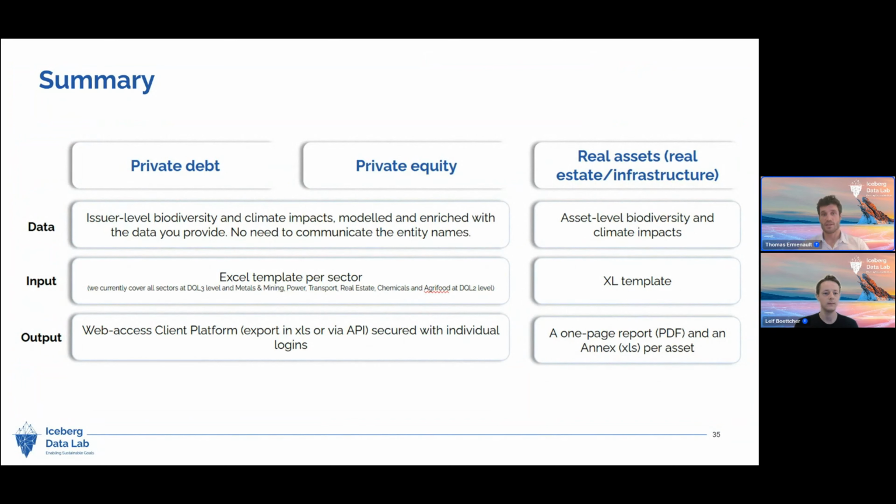We don't need the entity names, of course, that might be important if you have some secrecy about the investment, we can work with you, no problem. And we produce, of course, asset level biodiversity and climate impacts. For the input, we will need an Excel template per sector. And for the output, you will have the data through download or via the web access client platform.